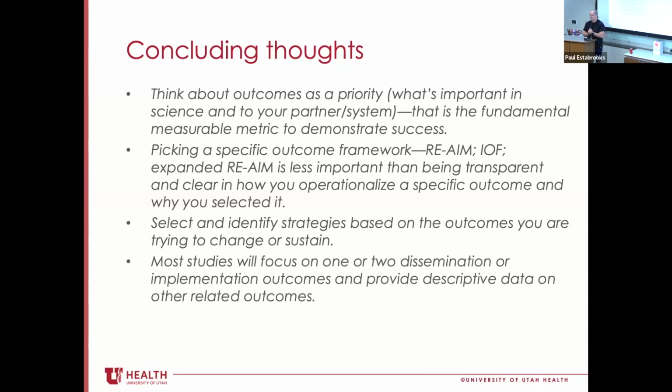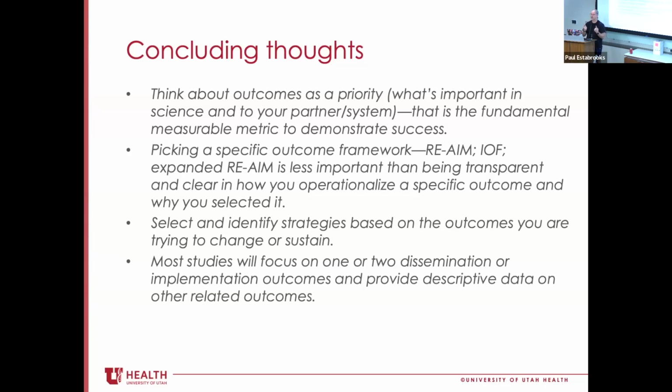Most of your studies that you do like this will focus on one or maybe two dissemination implementation outcomes as a primary outcome, right? If you do a hybrid effectiveness type 2 trial, you're usually testing two different interventions and you have a primary outcome that's effectiveness and a primary outcome that's some implementation outcome.